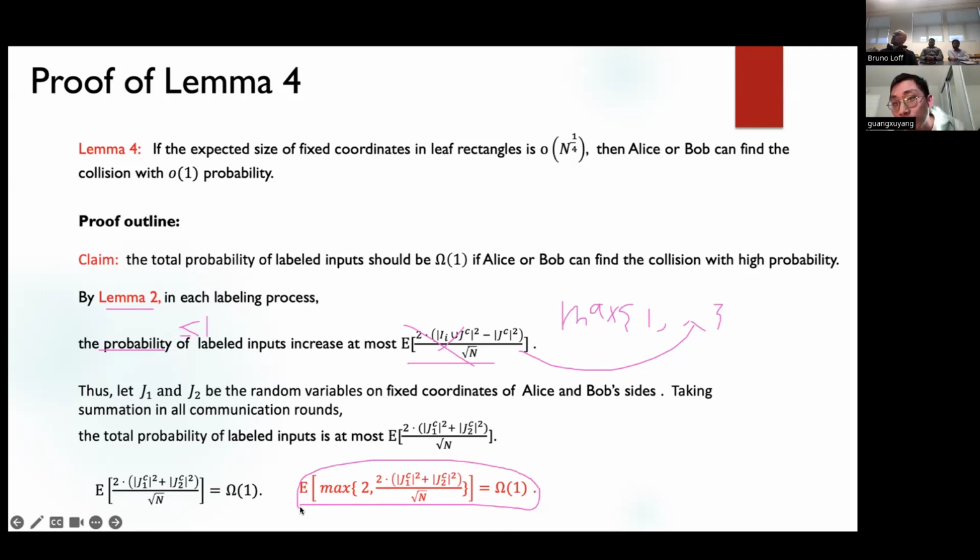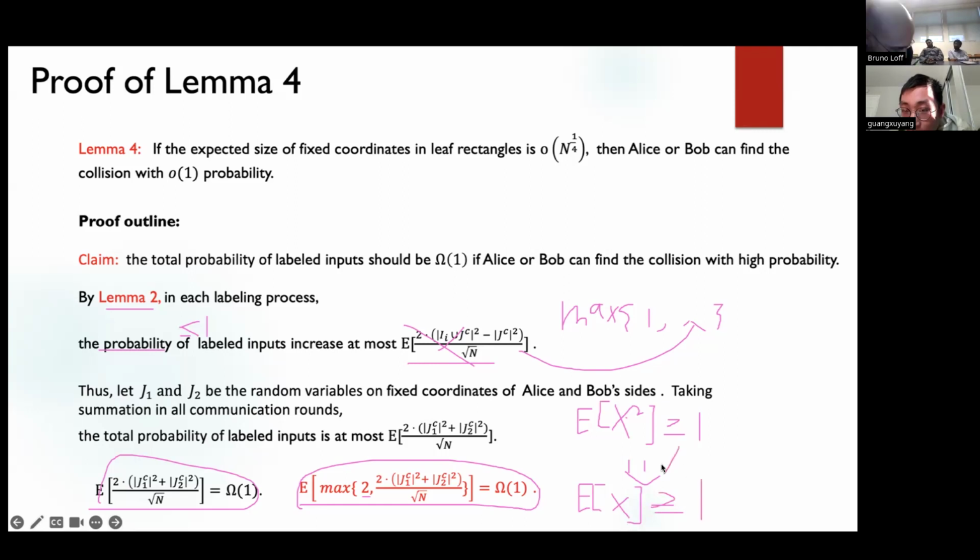Why is this better than the one on the left? Do you mean this one? Yeah, why is the right side better than that? It says this is upper bounded, also upper bounded by the value. So the claim is, even if this is large, for example, this is larger than 1, we can't argue that this expectation is larger than 1.